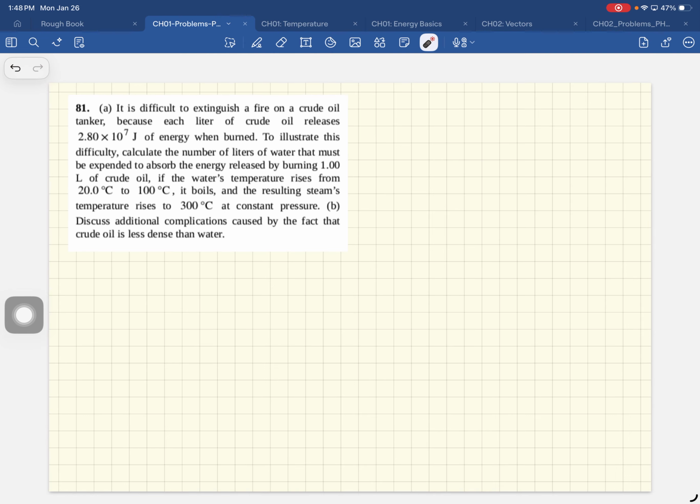And then the specific heat of steam is 2010, and you're going to heat the steam from 100 to 300 degrees Celsius, so 200 degrees Celsius.